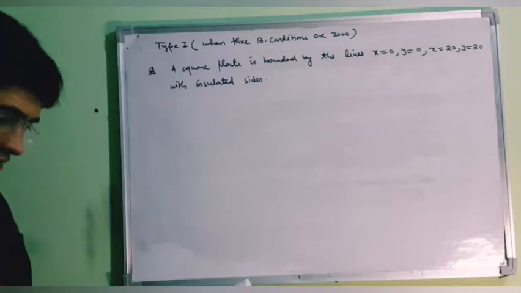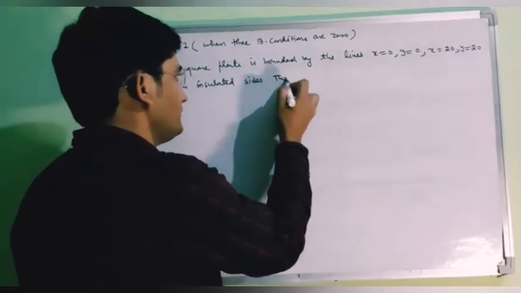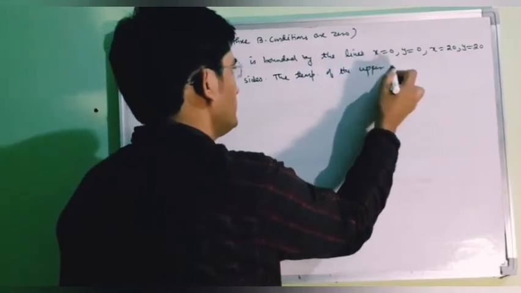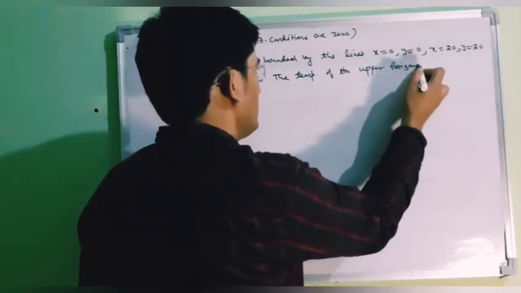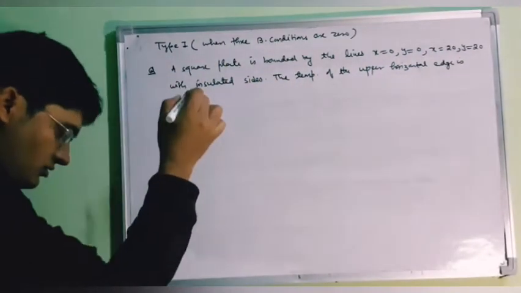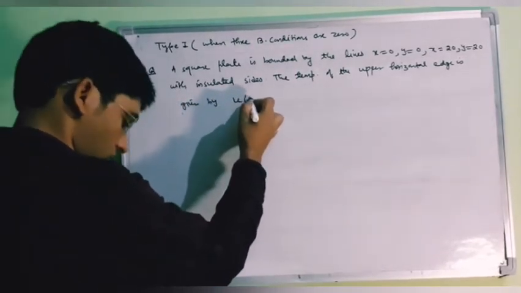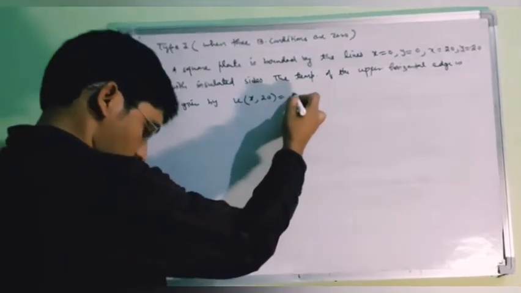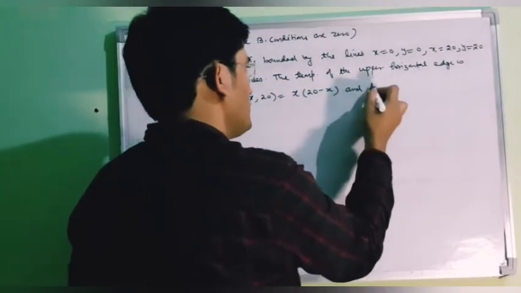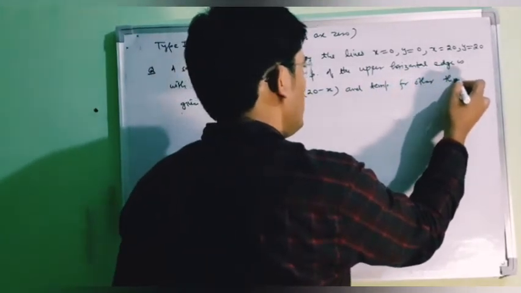So the temperature of the upper horizontal edge is given by u when your y is 20, and this is x into 20 minus x, and the temperature for the other three edges is 0.